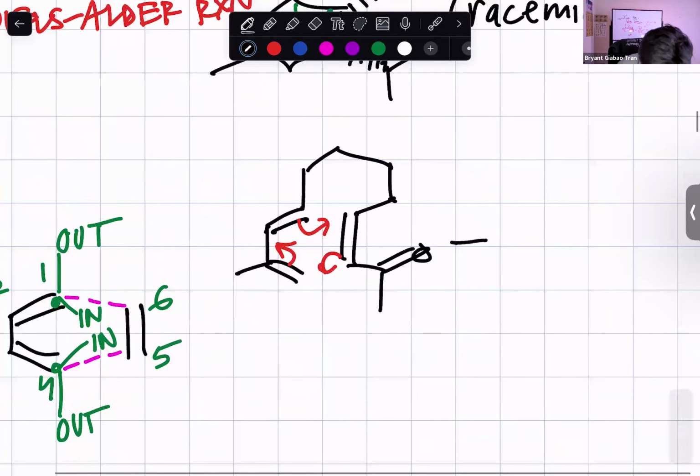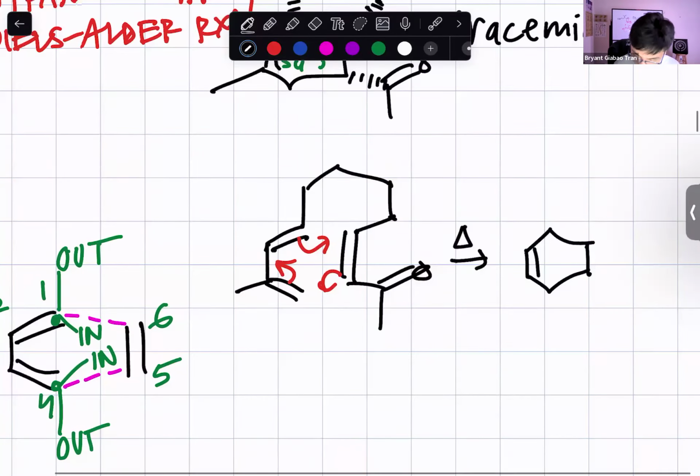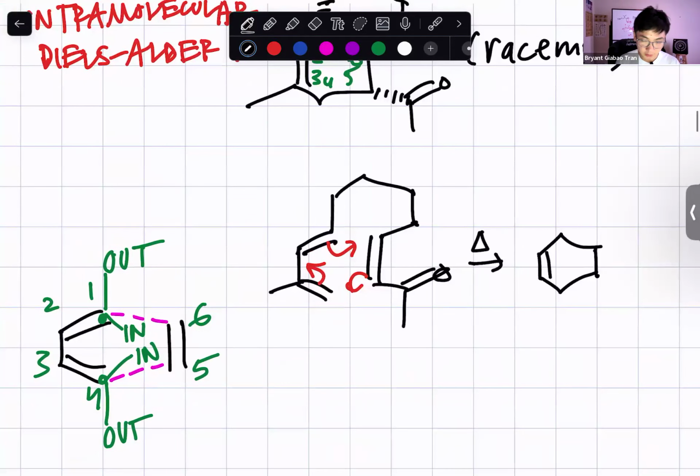How many degrees of unsaturation are involved in this reaction? 3, right? Which is an odd pair. And I forgot the chart, but an odd pair of electrons and heat, what does that give you? Conrotatory or disrotatory?